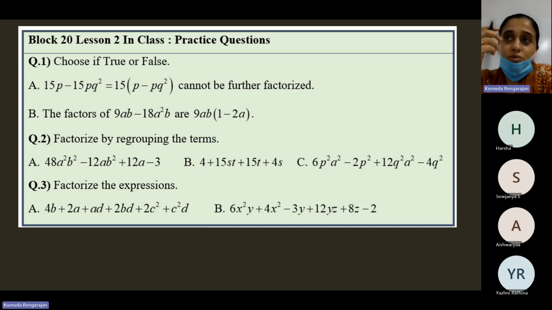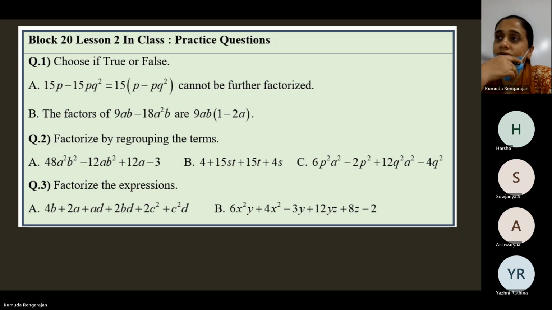Let's see the answer for 1A and B. So 1A, true or false? Gayatri, 1A, true or false? Online students? 1A, true or false?